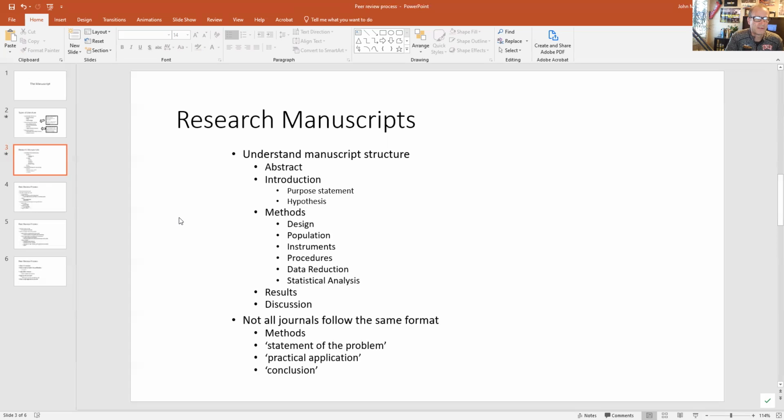And then the next section will be the results section, which is an objective presentation of the outcome of the measures. And so there should not be a section where there's discussion. This should be the section where the data are presented and really an objective analysis is presented to the reader.